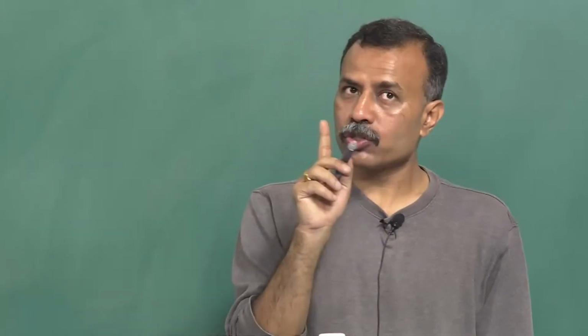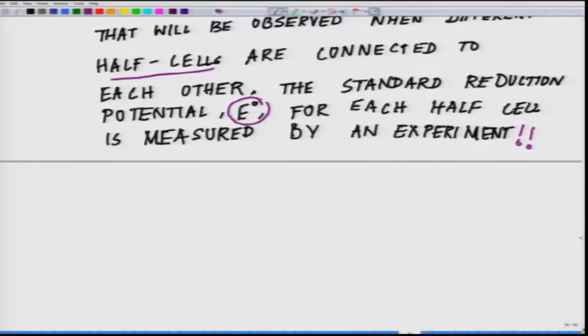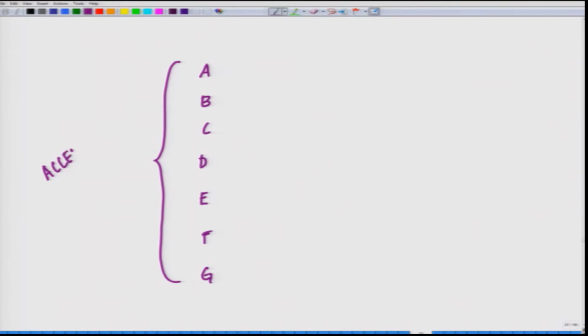If I know these two values, what we want is something like this. Say, for example, this is hypothetical, before I go to the experiment. Say I have these elements A, B, C, D, E, F, G, and all of them have different power to accept electron, or different power to get reduced.